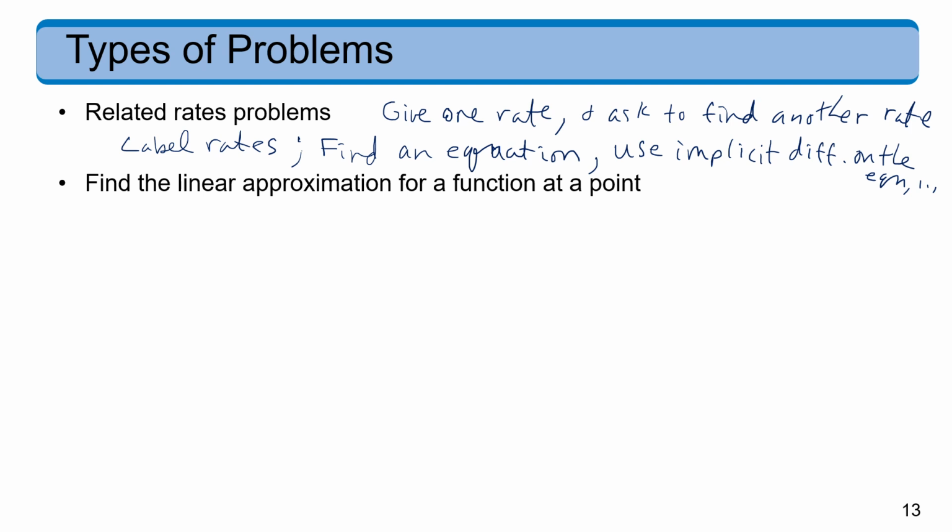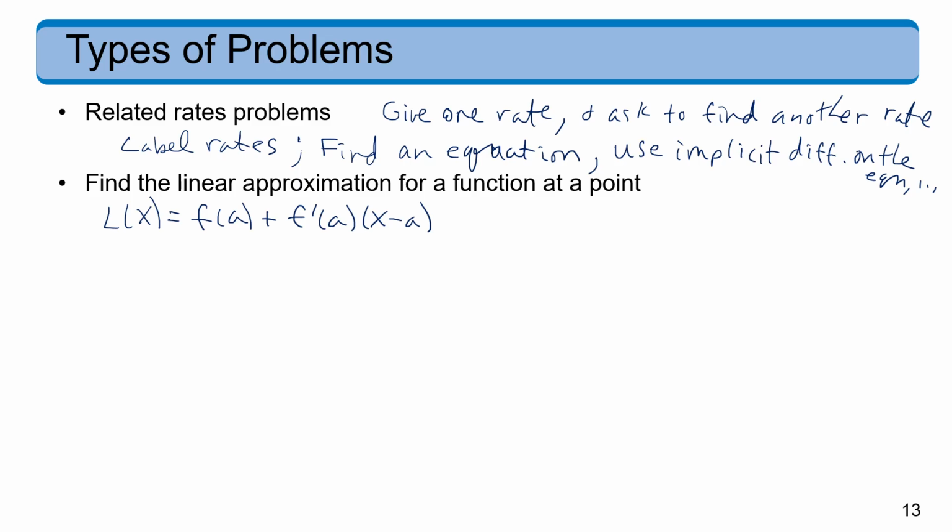Another problem, find the linear approximation for a function at a point. This is the function we called L of x, and if you want, you can memorize the formula for this. The formula is f of a plus f prime of a multiplied by x minus a.